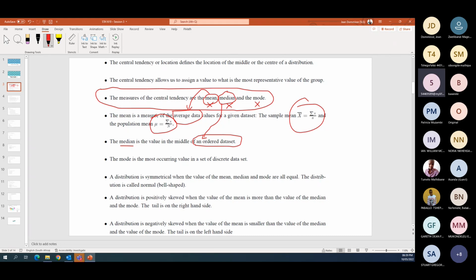Can you please kindly just repeat how we get the mean? Perfect, no worries. So the mean is the average, and the average is you add all your values together and you divide it by the number of values that there is.